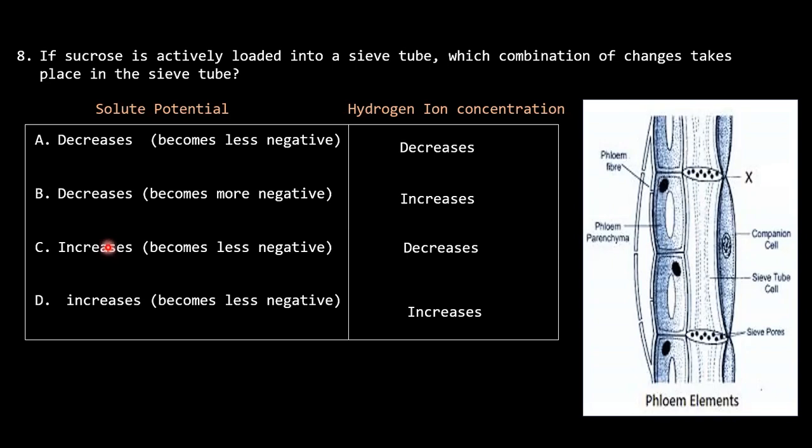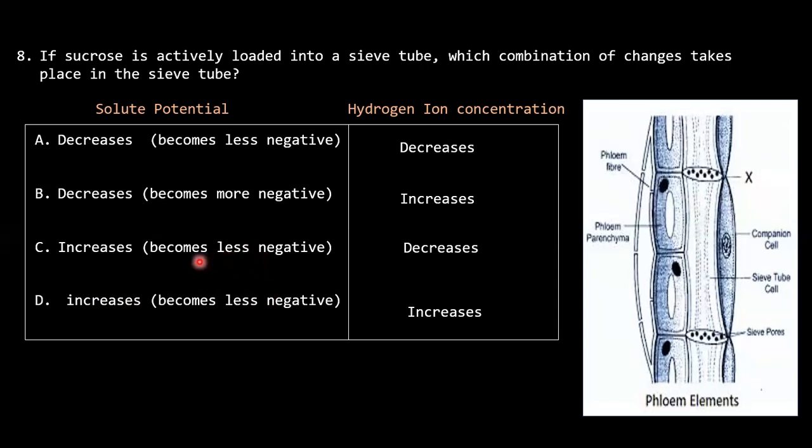And once solute potential increases, it becomes less negative. Here, we have solute potential increases, yes. And in both cases, we have less negative, because solute potential values are negative anyway. So the answer is between these two.